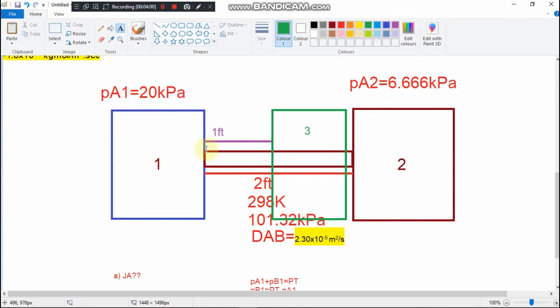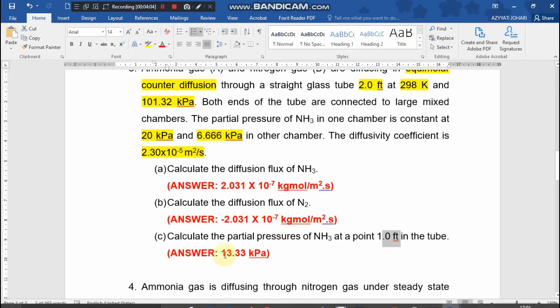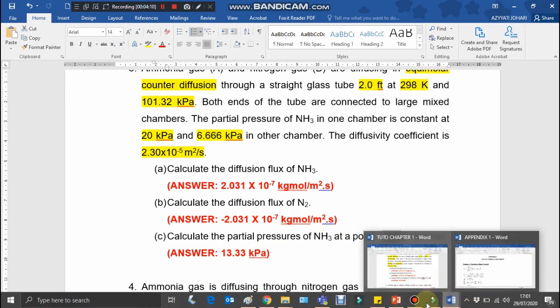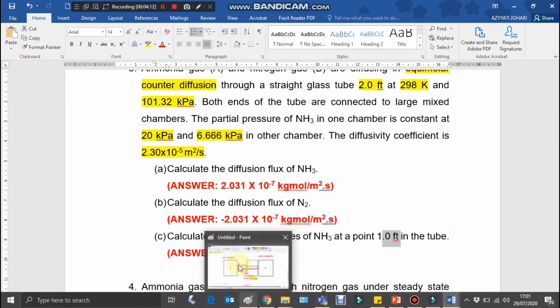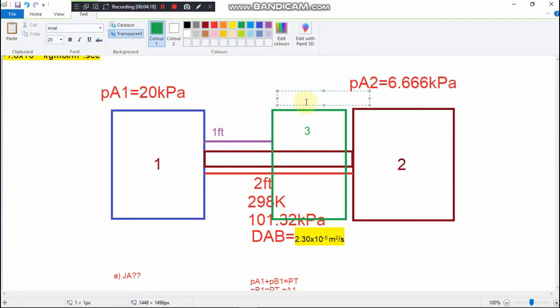So the question just says calculate the partial pressure of NH3, which refers to the partial pressure of A at chamber number 3. So the question asks you to find PA3, what's the value?